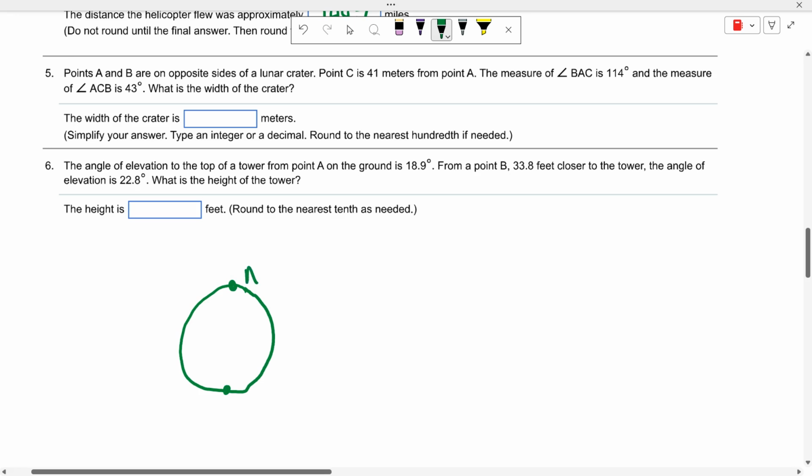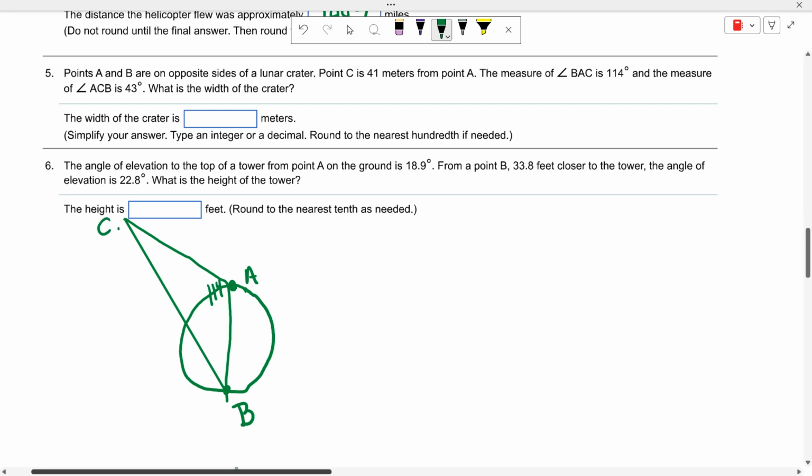Here's A, here's B. So there are points on opposite sides of a lunar crater. Point C is 41 meters from A, and angle BAC is 114 degrees. So I have to make an obtuse angle here. So BAC is 114 degrees.